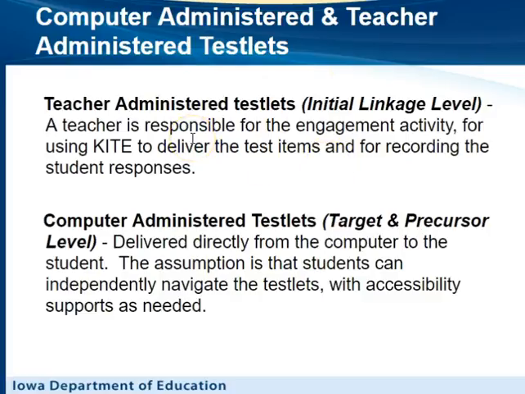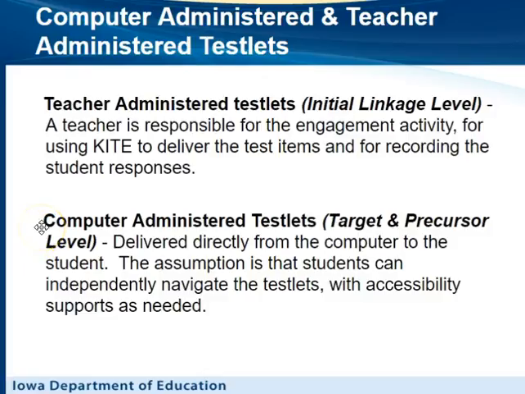In these cases, the teacher is responsible for doing an engagement activity when you log into Kite to deliver the assessment. There will be a script that will explain to you the engagement activity, what you'll do to interact with the student. That will be delivered through Kite, and then the teacher will record student responses in Kite as well.